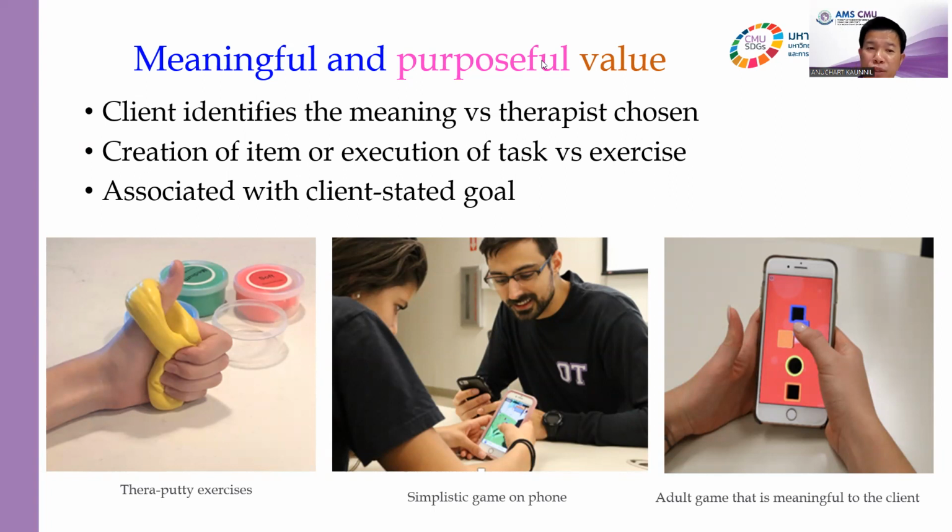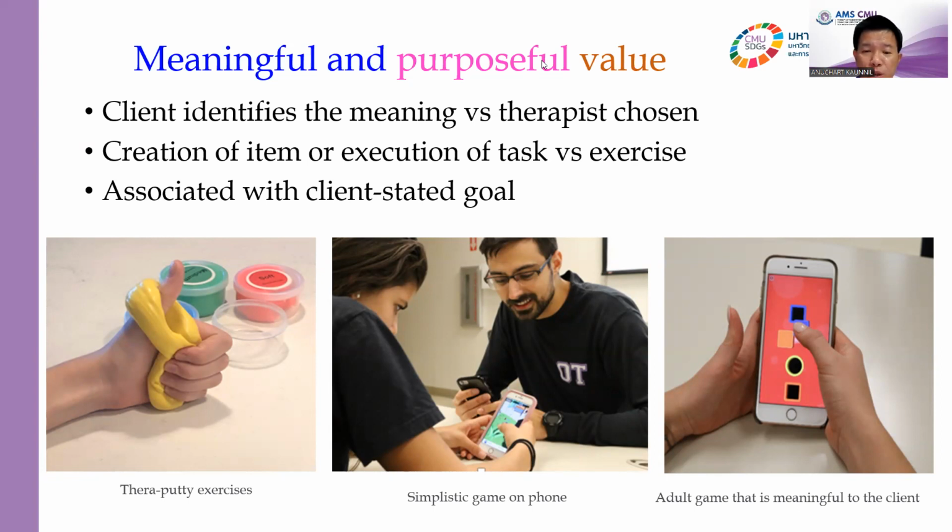We use putty, and it comes in various colors from yellow to pink to red and to green shades. The yellow is likely to be very easy to pull because it's soft. When it sticks more, like the green, it works on strength.